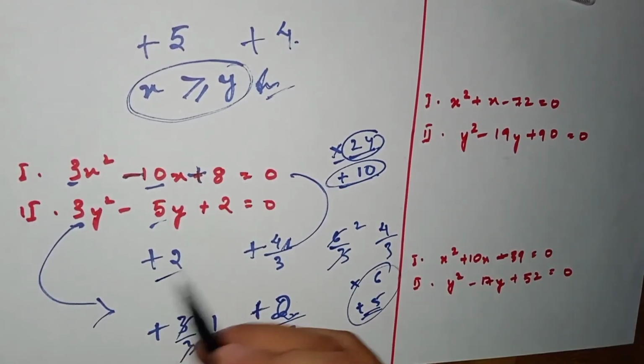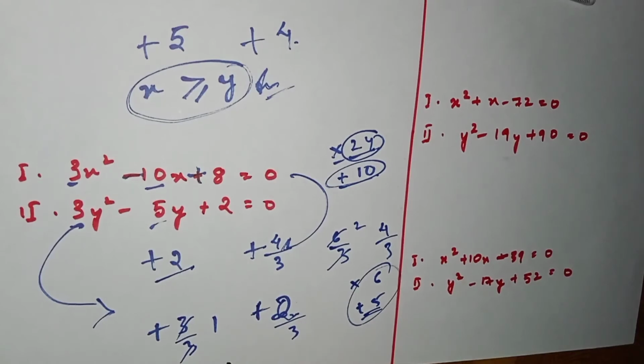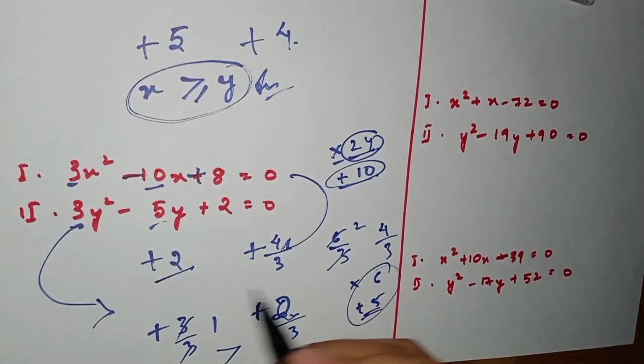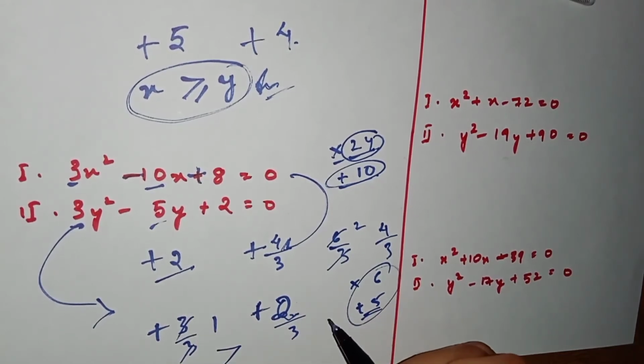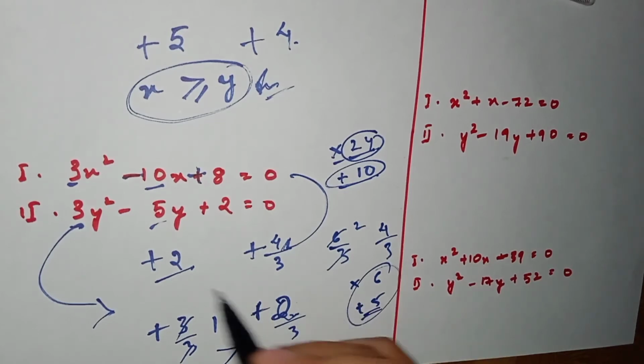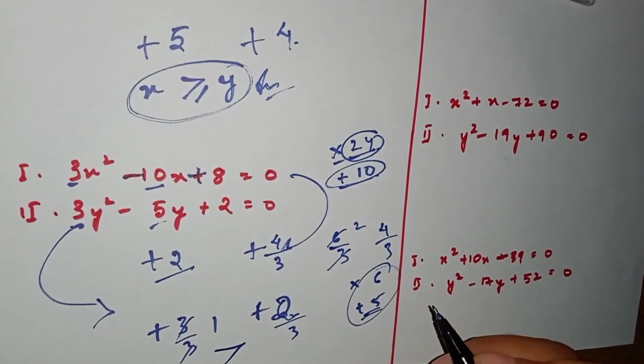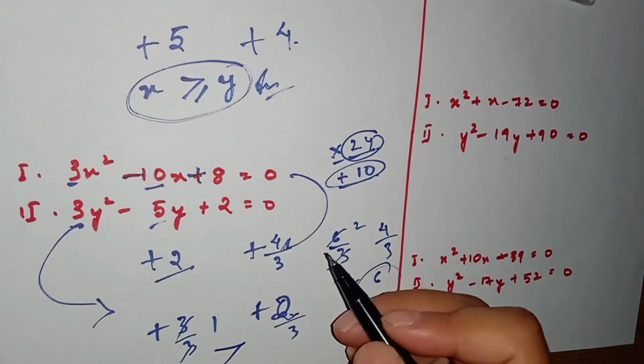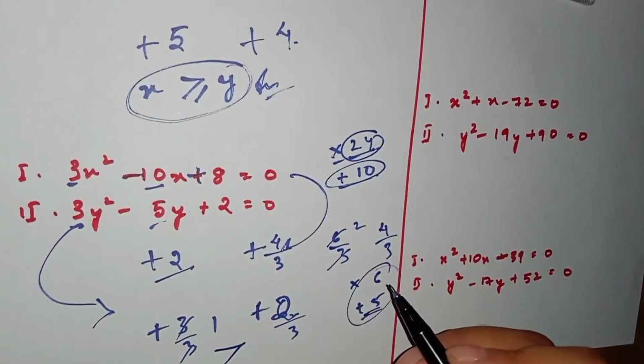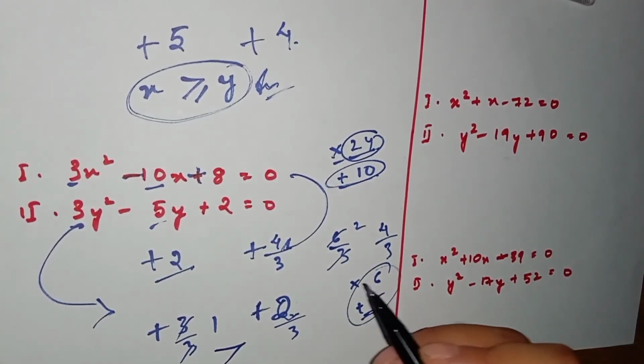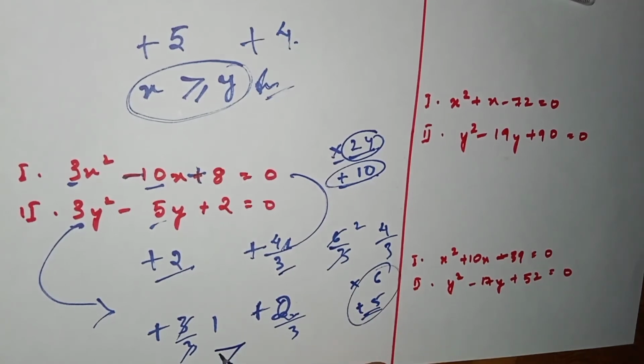By comparing plus 2 and plus 1, plus 2 is greater, so the sign will be like this. And when we compare plus 2 and plus 2 by 3, 2 is also greater. And when we compare plus 4 by 3 and plus 1, 4 by 3 is greater than plus 1, so the sign will remain greater than.